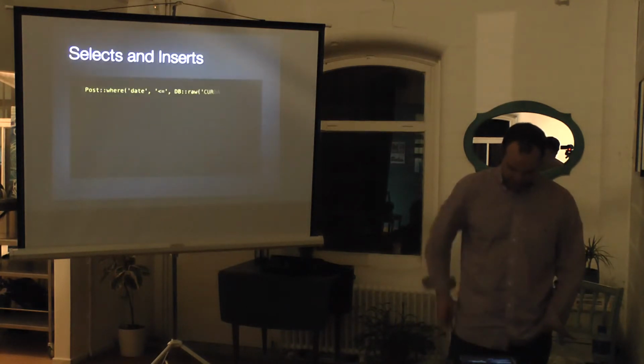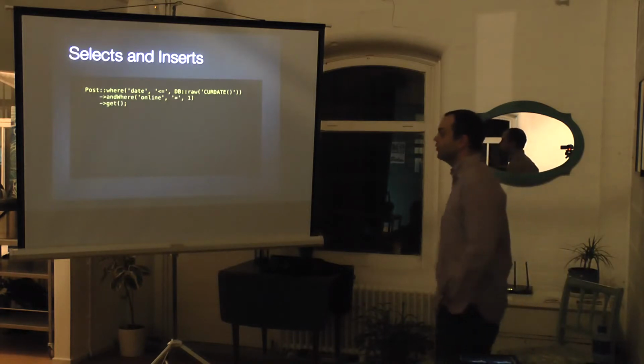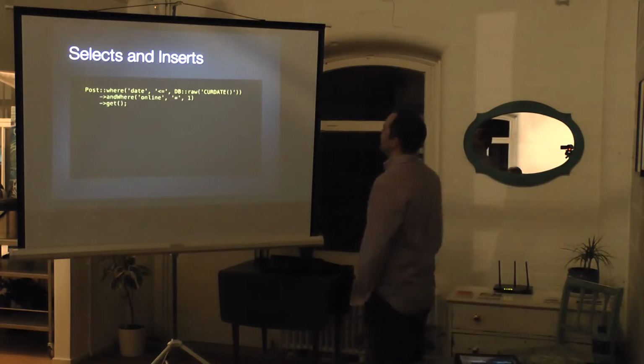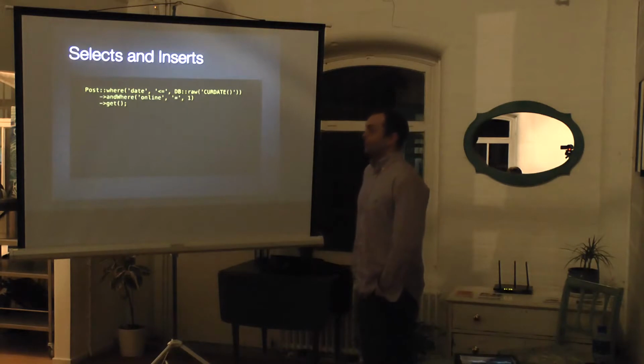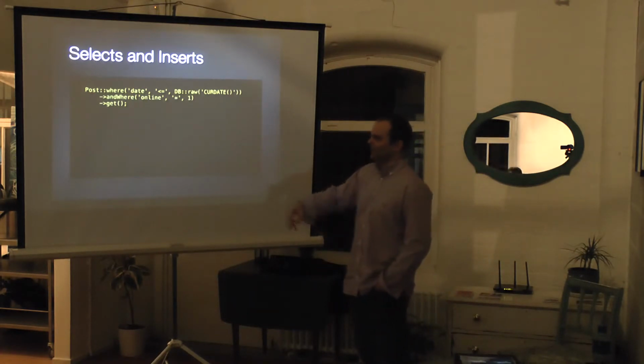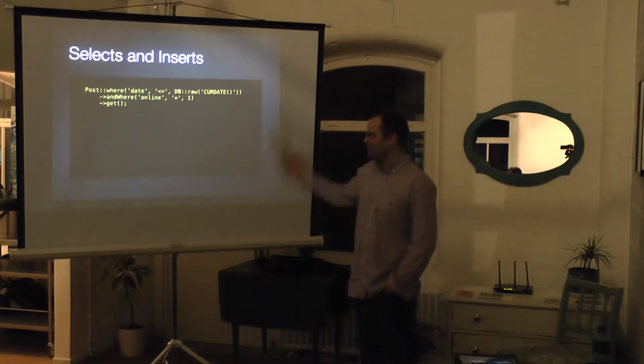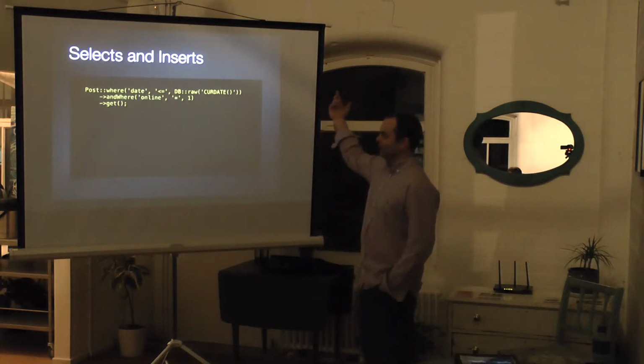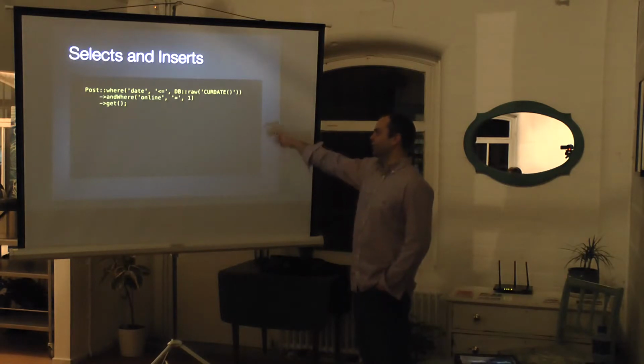And I'll show you selects and inserts using Eloquent rather than Query Builder. Same sort of syntax. The difference is that we're looking at Post instead of DB. We've set up a model called Post. It's mapping to a posts table or a news post table or whatever in the database. So we can just say Post where date is less than or equals to the current date.